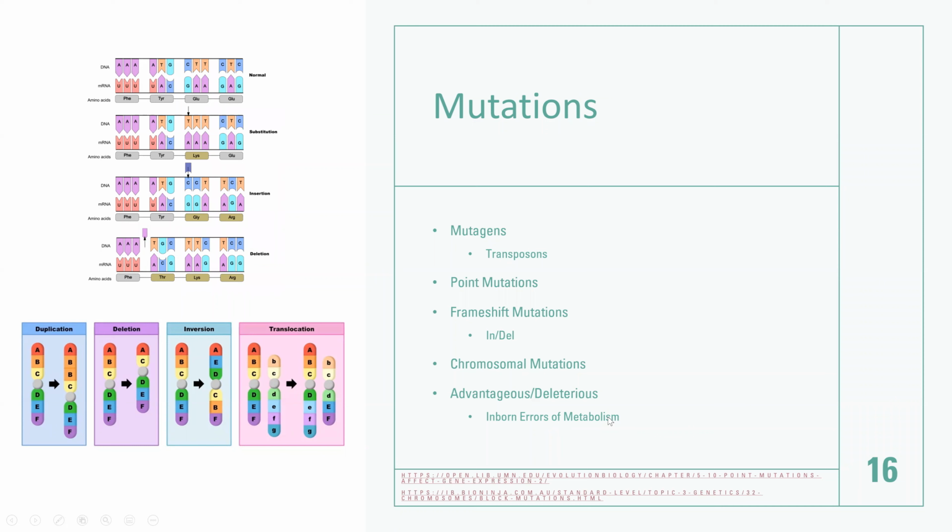There are also inborn errors of metabolism that you can get from mutation, like PKU, or I hope I'm saying it properly, phenylketonuria, where a specific amino acid can't be metabolized by some people because the enzyme that people use to do it doesn't work properly for them because the mutation has messed that enzyme up. In that case, it can cause a lot of bad things like seizures. That's just one example of a deleterious mutation.